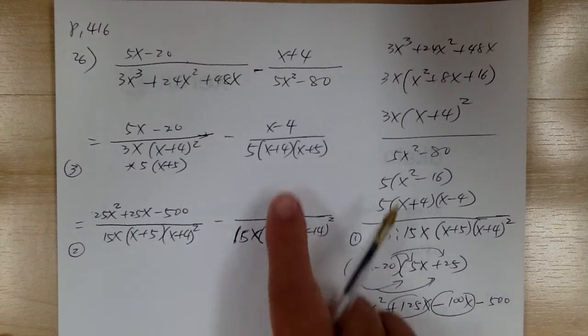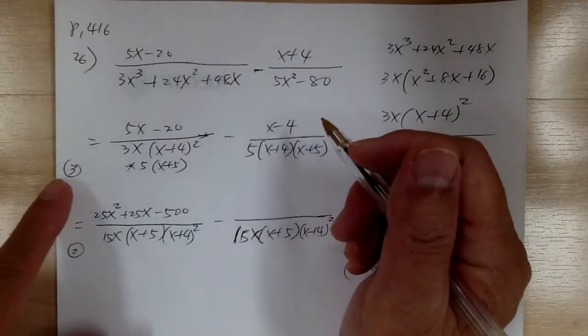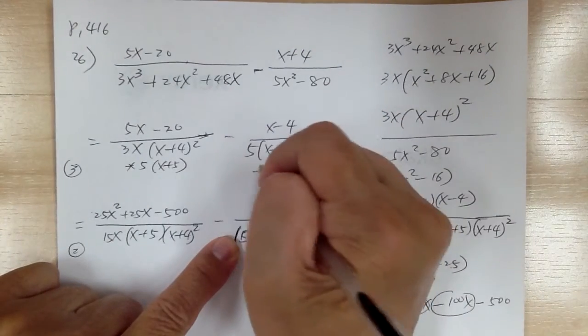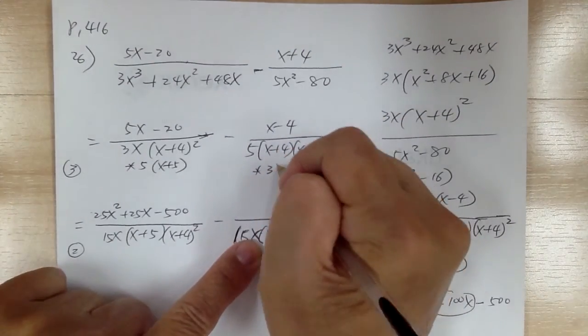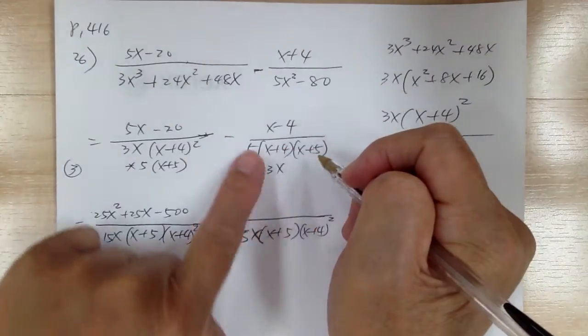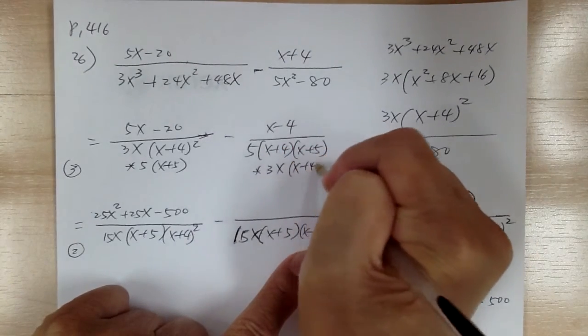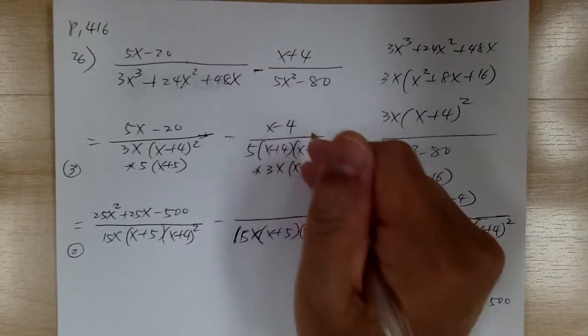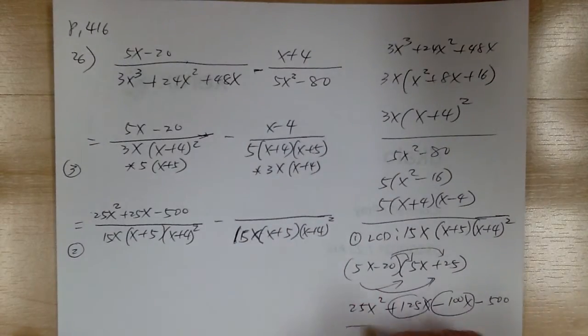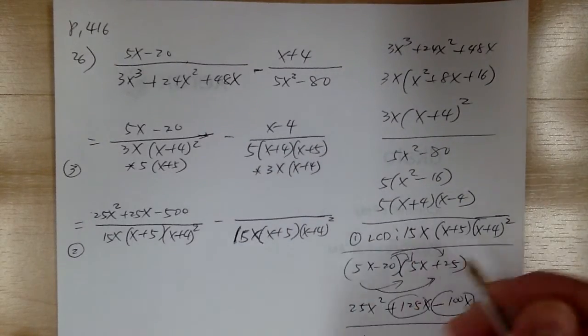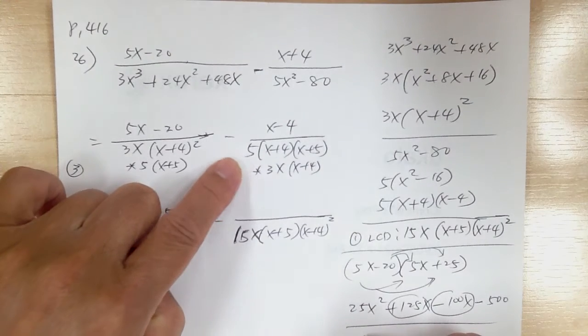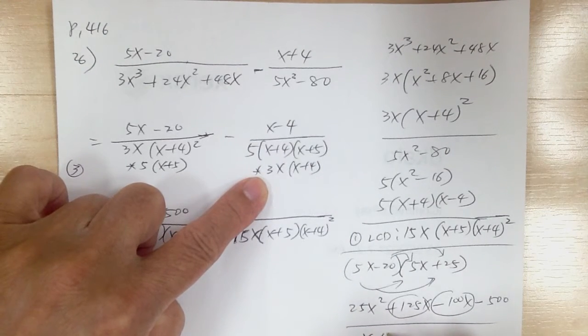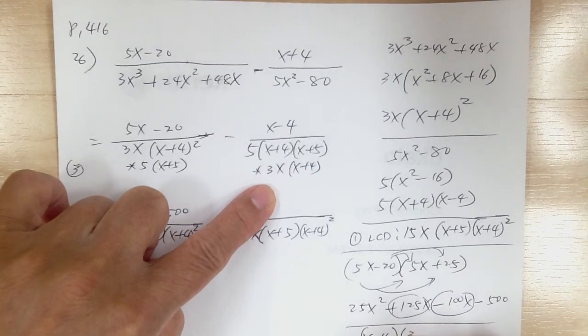Then after that, let's do this one over here. From here to here, you need to multiply by 3 and the x, and then from here, you're missing the x plus 4. So when you multiply this, you're going to get x minus 4, you have to times by 3x and x plus 4.